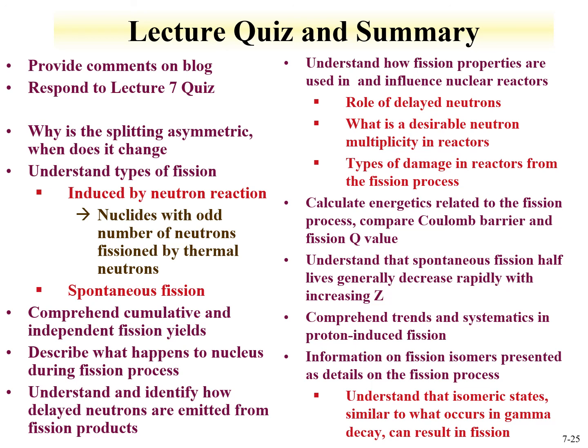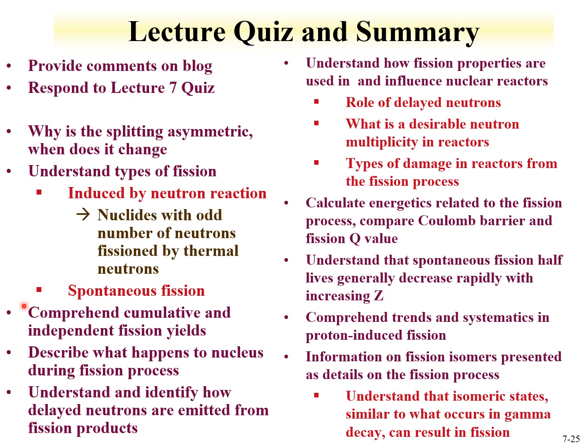You should understand the different types of fissions that were discussed, and this includes neutron-induced reactions, and really focus on why the odd number of neutrons in the nucleus that is absorbing the neutron and undergoing fission allows the fission process to occur. You should also understand spontaneous fission, the process where the nucleus undergoes fission without the reaction of a neutron, and we did discuss how this modeling is similar to alpha decay.